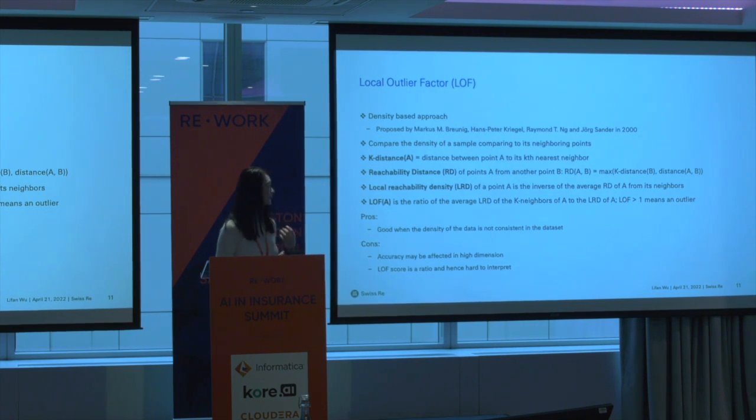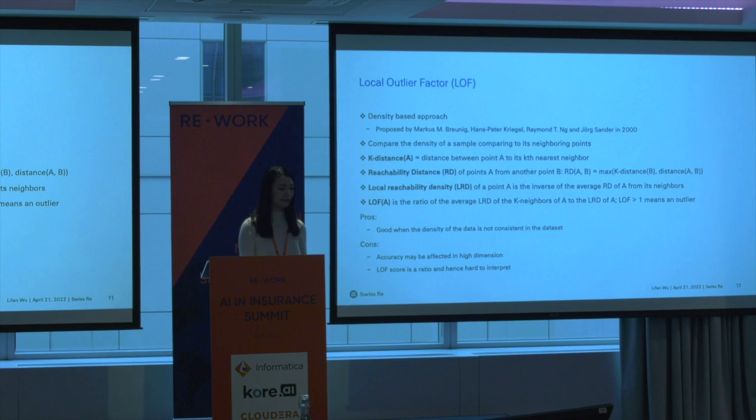So to define the density, we need a notion of reachability, which is highly related to whether it is a k nearest neighbor of the point or not. And then we can take the average of the reachability, and this will give us a sense of how far one point is from its neighbors.